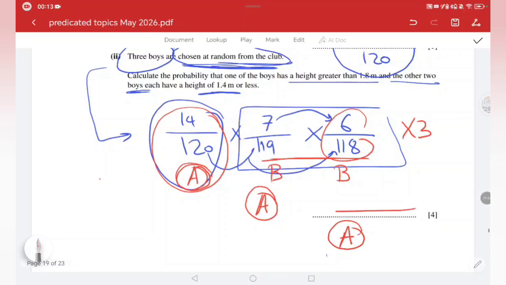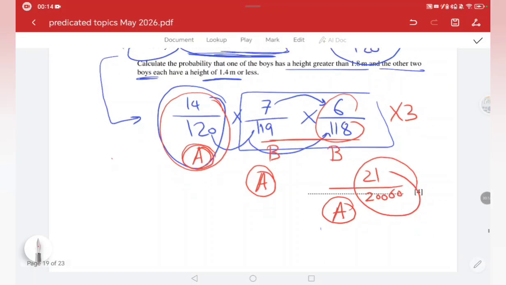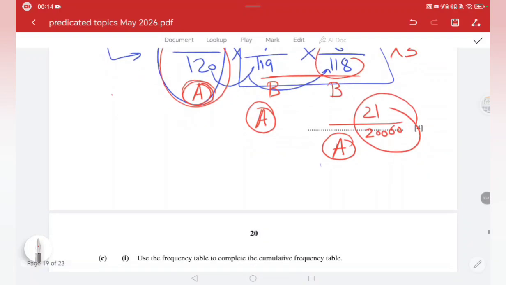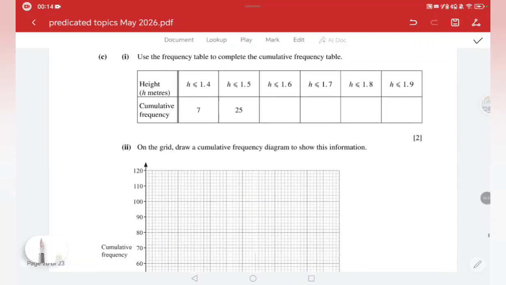You have to multiply this fraction. So you multiply 14 times 7 times 6 times 3, and all of this divided by 120 times 119 times 118. So the answer as a fraction will be 21 over this number. Because of this, I usually like to say the fraction is more accurate, especially that you have the exact value in fraction.